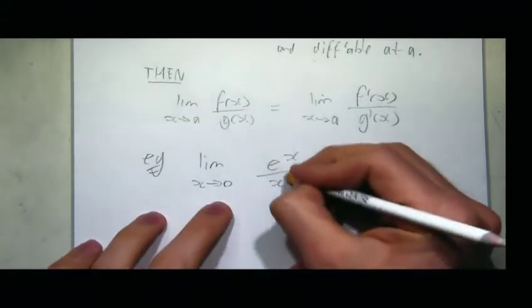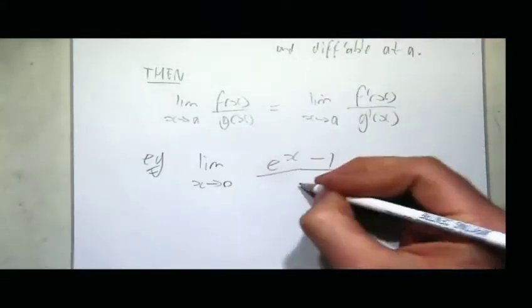that limit. So the limit of the top is 0. Actually, I'm just going to change that to just an x because I want this one to exist this time.